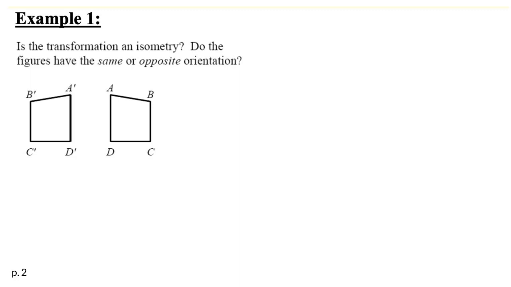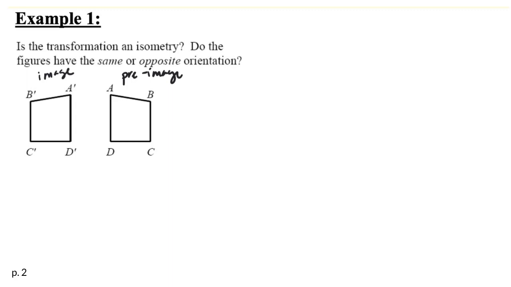So let's look at our first example. The question says, is the transformation an isometry? Do the figures have the same or opposite orientation? First of all, I know that this is going to be my pre-image and this is going to be my image, based on the lack of apostrophes next to the letters. The first question is asking me if this is an isometry.